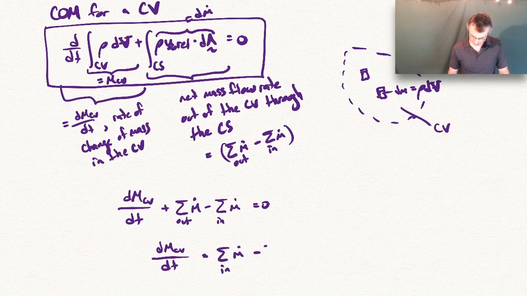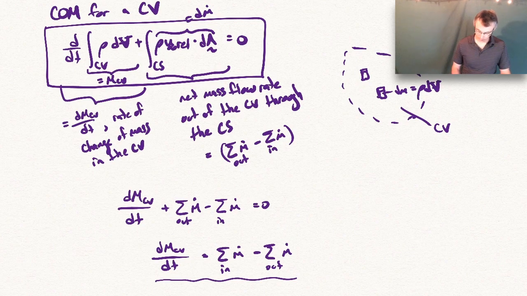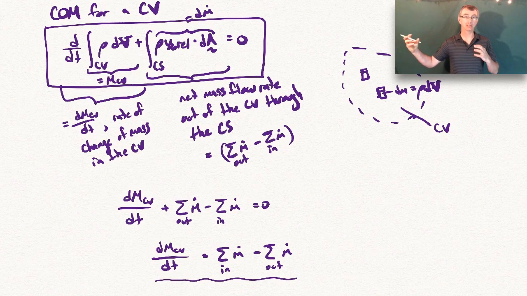I'm going to take the net mass flow rate out and bring it to the right-hand side, so it's the net mass flow rate in. So, again, this is conservation of mass for a control volume. The equation makes sense. Let's say the mass flow rate coming in and the mass flow rate going out are the same. Whatever we're bringing into our control volume, we're taking the same amount of mass out. So the right-hand side would be 0.